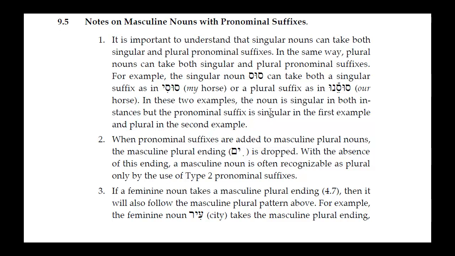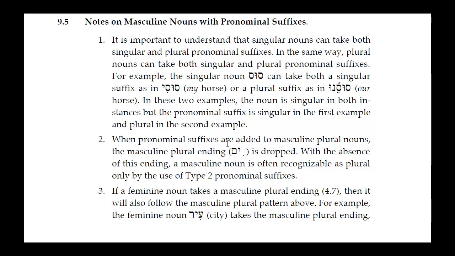So the tendency can sometimes be to get confused between the singular and the plurality of the pronominal suffix, and the singular and the plurality of the subject of the noun. So that's the thing you just have to divide, and we're going to go into this too to show you when you get into plural nouns.